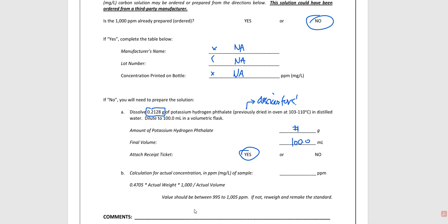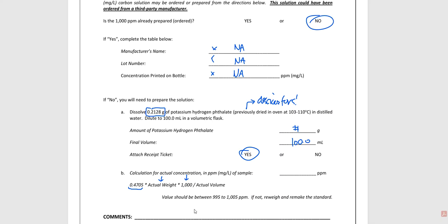And I know that I'm not going to get that target value. I'm not going to waste my time to get that perfectly done. So the way that you do this, you're going to take 0.4705, multiply by the actual weight that you have measured with the balance, then multiply by 1,000, and divide it by the actual volume.